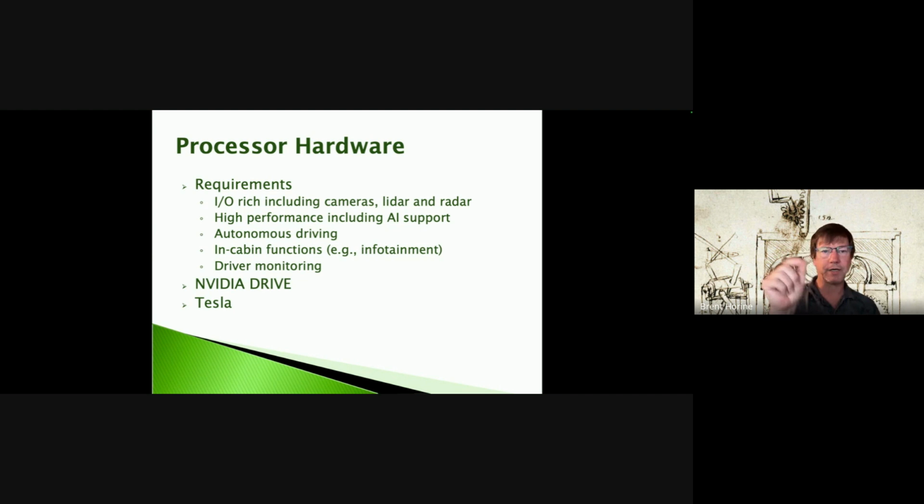We're trying to do routing, not just that big route from St. Louis to New York, but how do I stay in my lane around a curve? How do I move to the other lane? When should I do that? When should I get into a right-hand only turn lane? All those types of things, right? And just the autonomous driving itself, right? And then there's infotainment and in-cabin functions.